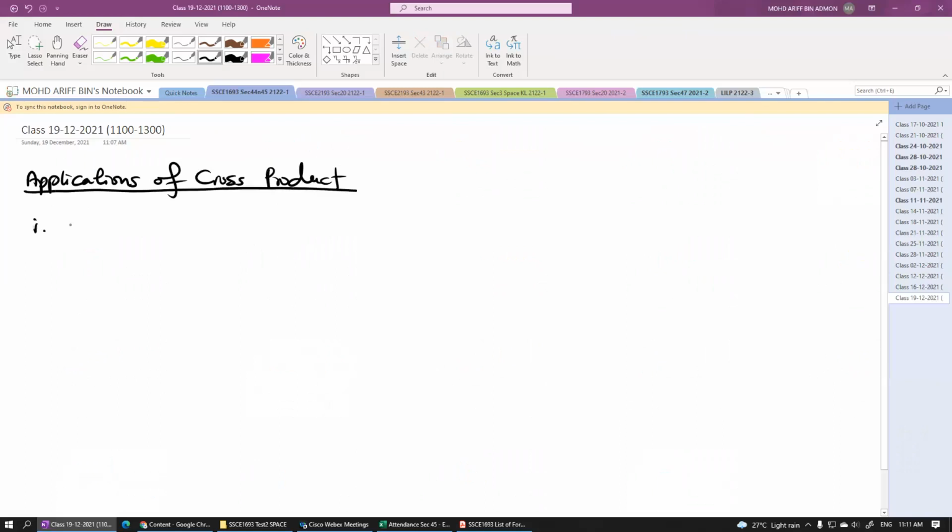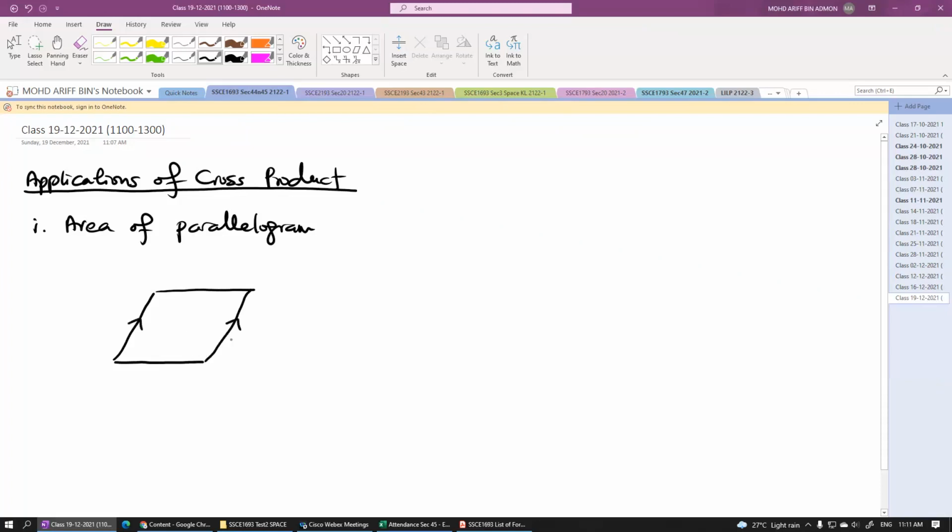Okay, the first one: when we need to calculate the area of a parallelogram, what is the meaning of parallelogram? It means that if you have a shape like this, this side is parallel to this one.